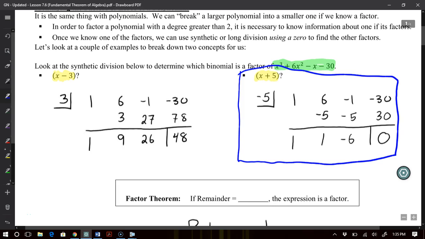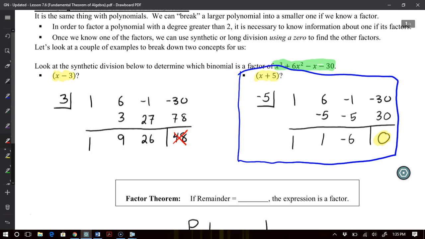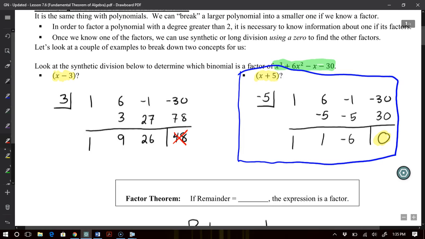And the reason why is right here. You have a remainder of 0. That means that x plus 5 went in there perfectly. If I look over at the x minus 3, it has a remainder of 48. That means it doesn't go in there perfectly. There's leftover stuff. And so our goal in this lesson is to always try and get a remainder of 0. That is the goal.